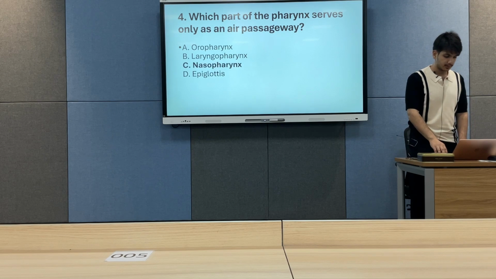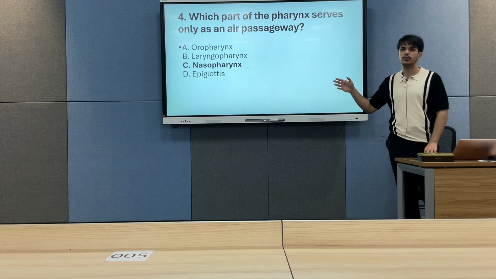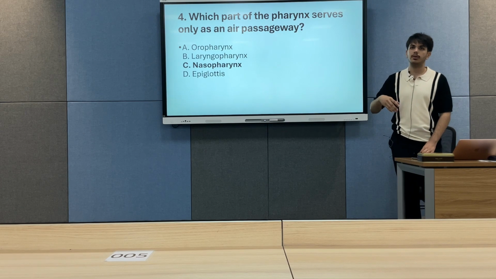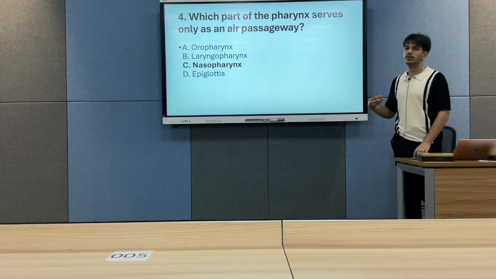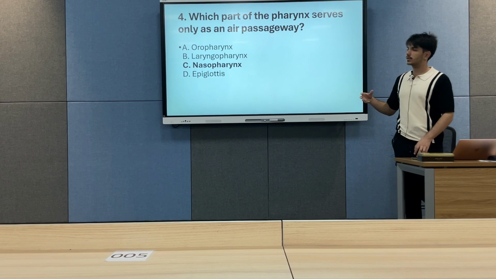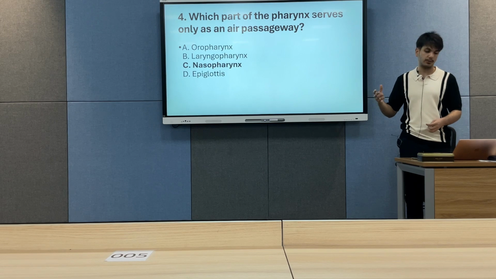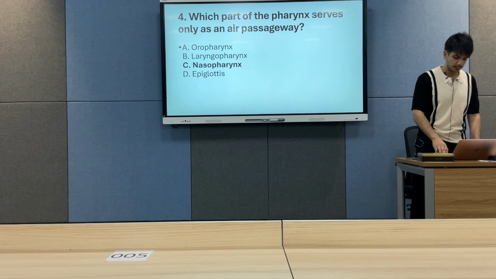That's correct. Okay, so the rest, oropharynx and laryngopharynx, what was their epithelium? Stratified squamous. It houses both air and food, so it's supposed to protect from harsh chemicals such as spiciness. That's why it's stratified. The nasopharynx is ciliated, and only contains air passages. Okay? The epiglottis is a cartilage, it has nothing to do with this.